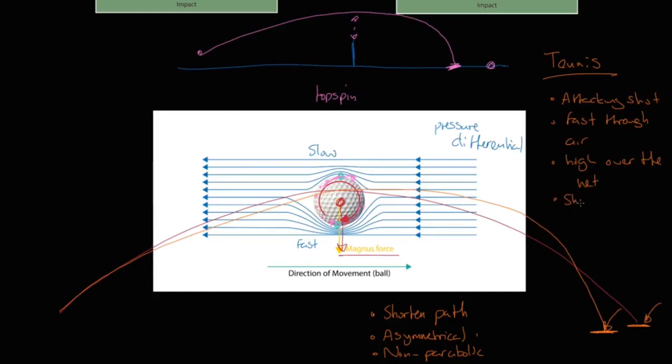We've got this idea of a shortened flight path. So we can also say it's less likely to go long. And as a result of all of this, it forces the opponent back. Okay, so that's why we would use something like a topspin shot in something like tennis or table tennis.